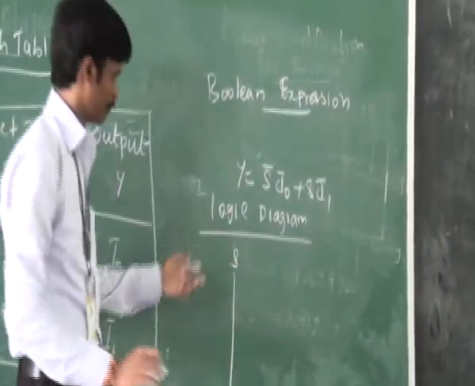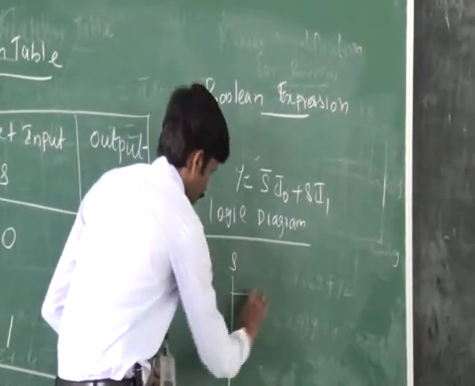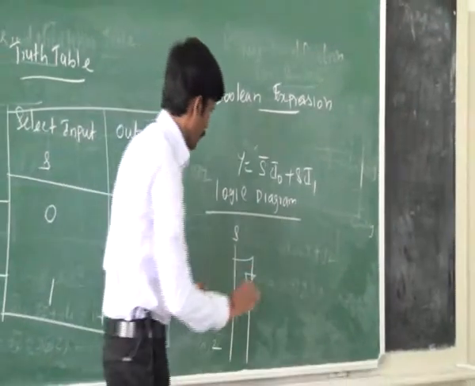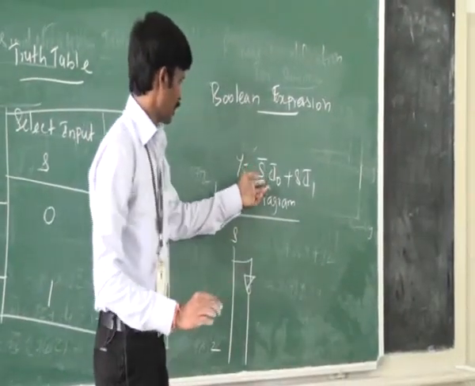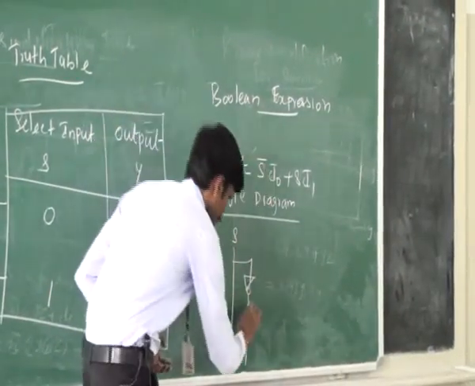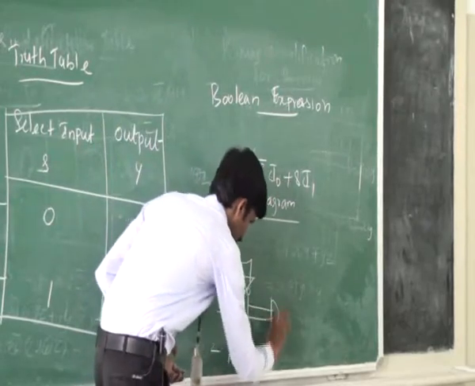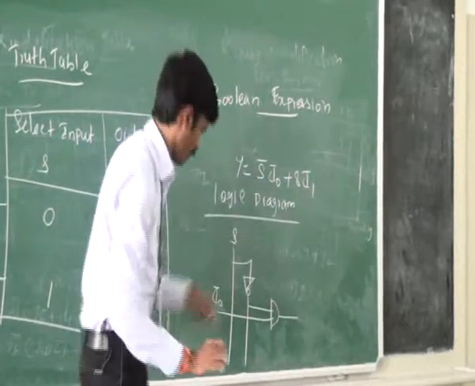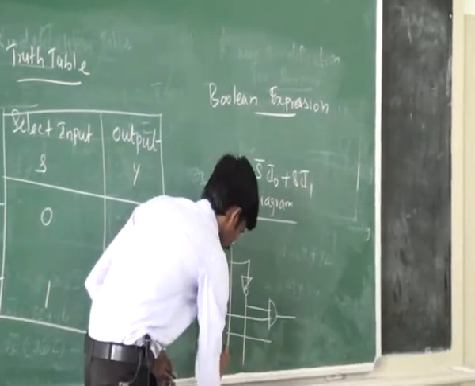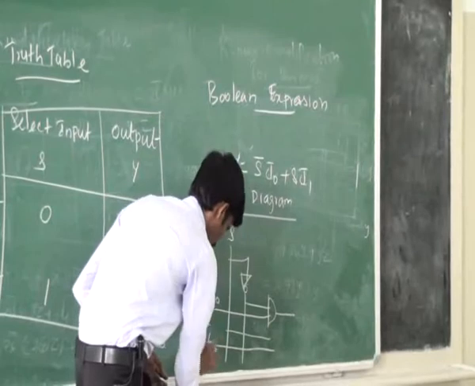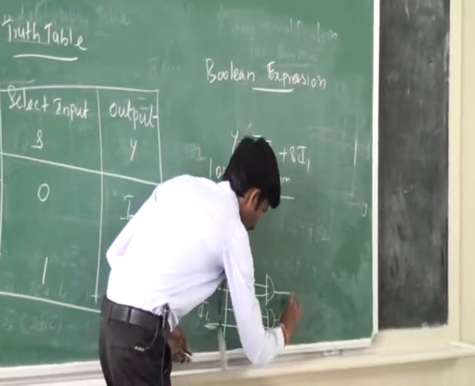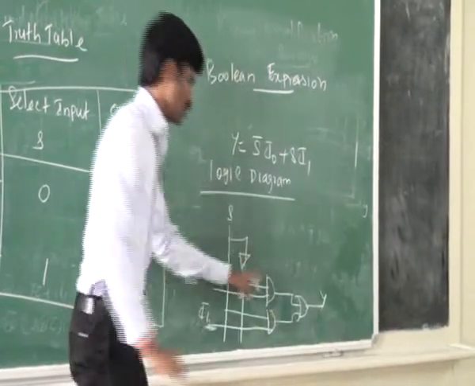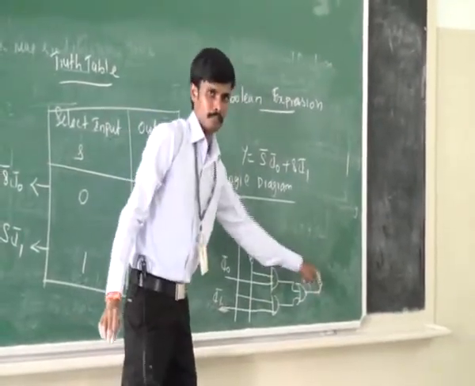S is the selection input. Here the inverter is used to take the complement of the selection input. Here S bar is multiplied with I0. Then S is multiplied with I1. Then these two are ORed to get Y.